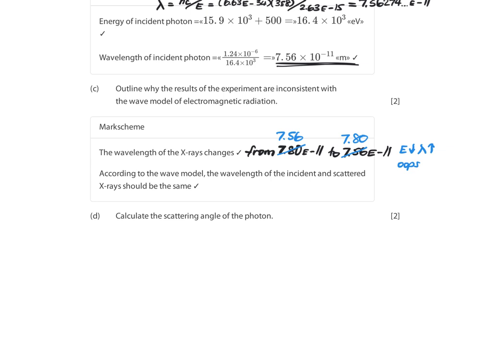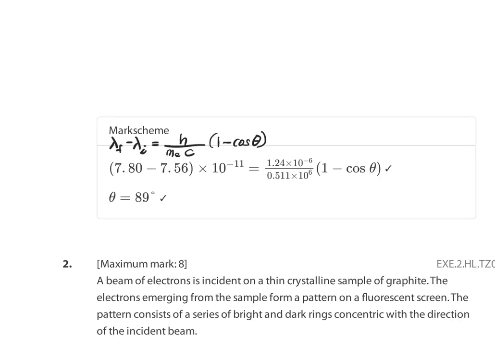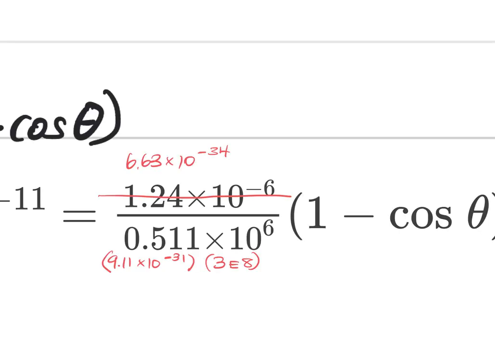D is calculate the scattering angle. I'm going to need the Compton scattering equation for that. Now I have no idea where they're getting 1.24 times 10 to the negative 6 and 0.511 times 10 to the positive 6, how they're substituting that for h over mec. Here's what I have. There's h, mass of the electron, and the speed of light.